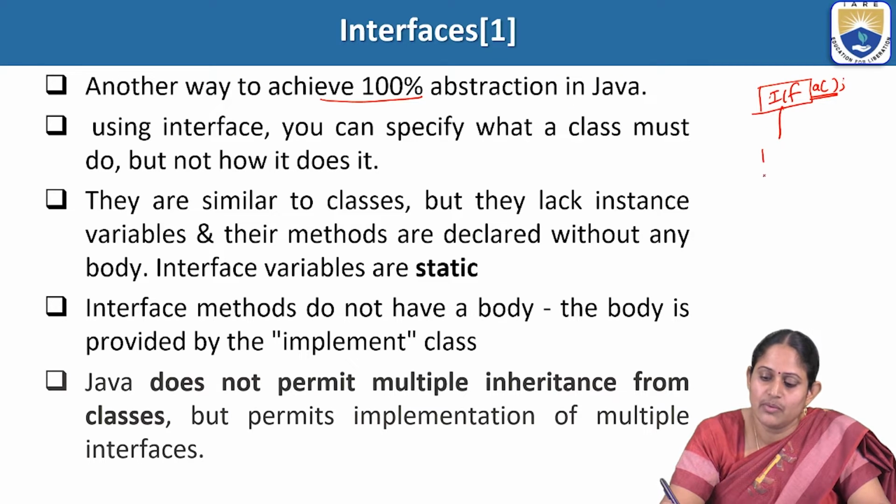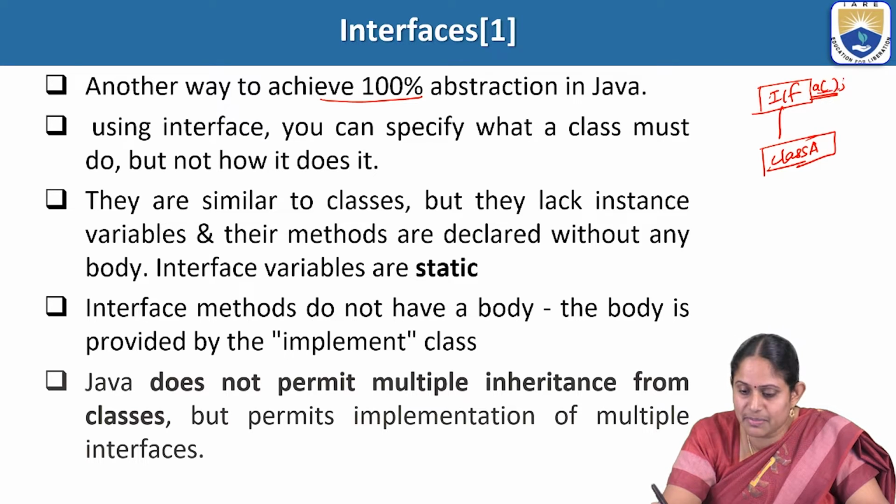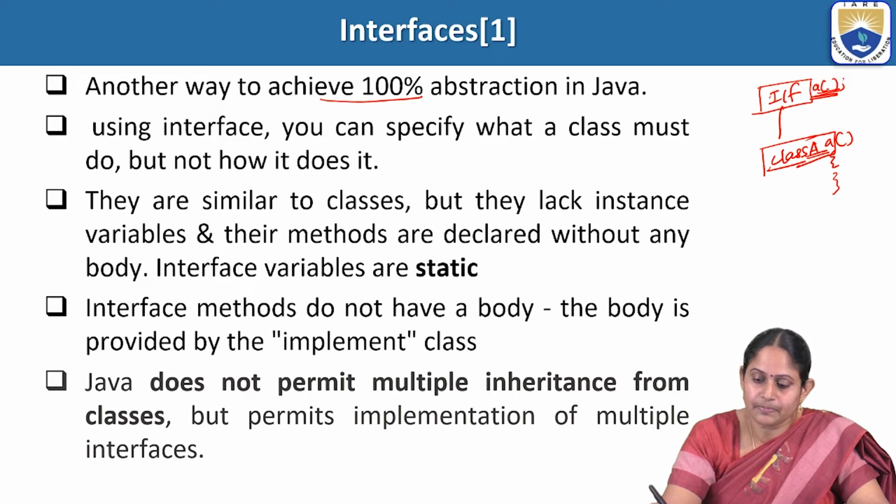So this interface will be implemented by some class, say class A. This method will be available here also in class A. Class A must provide the implementing body according to its requirement. Class A can provide its own logic for this abstract method A.